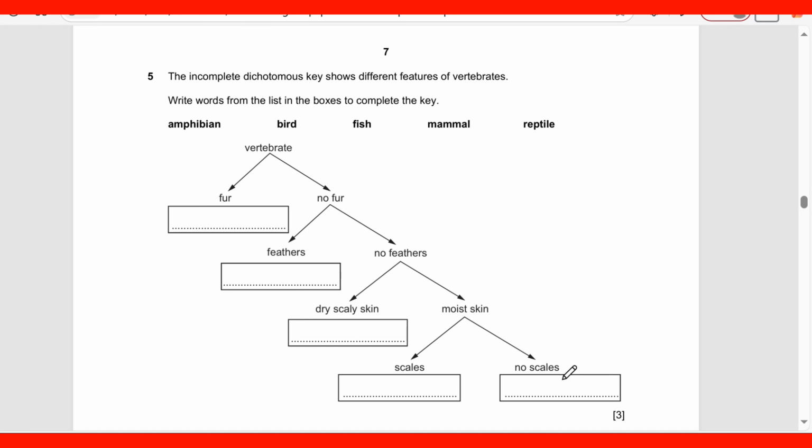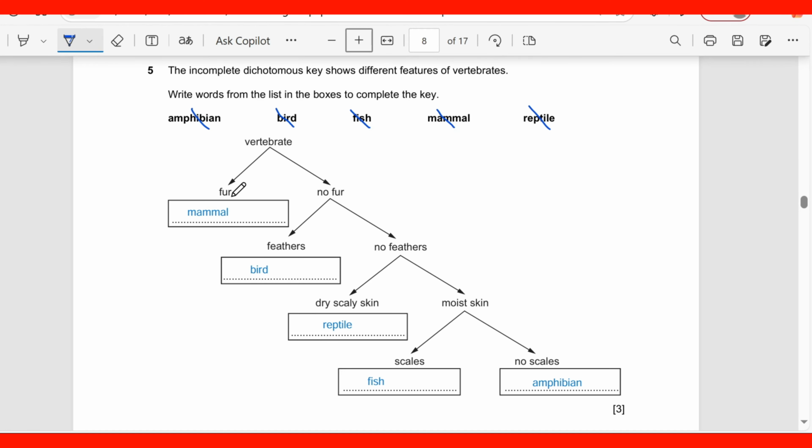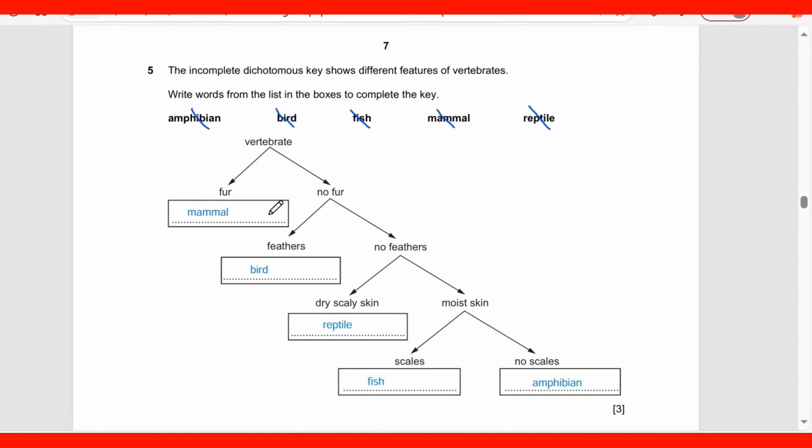Let's check out the answer, guys. So mammal is for fur, feathers is bird, dry scaly skin is reptile, like a crocodile, scales is fish, and no scales is amphibian.